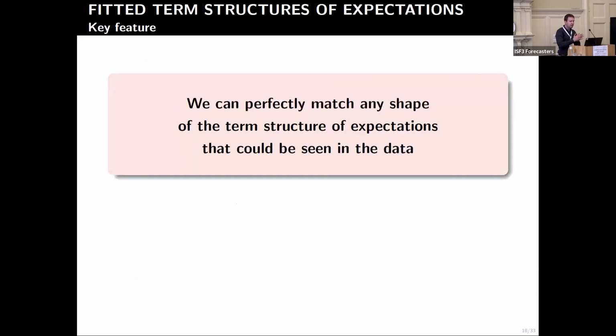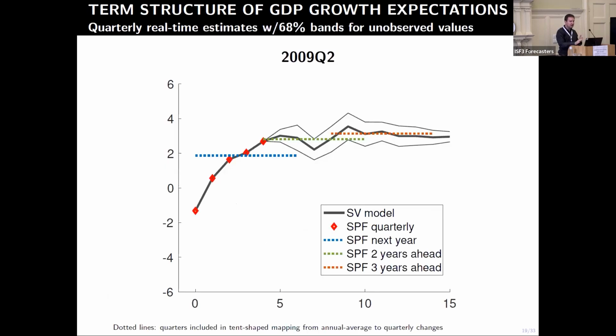Okay, so remember I told you that we can perfectly match any shape of the term structure of expectations, in terms of the point forecasts that you can see in the data. And here, let me just show you an example. So here the red diamonds are the quarterly SPF forecasts for real GDP growth.